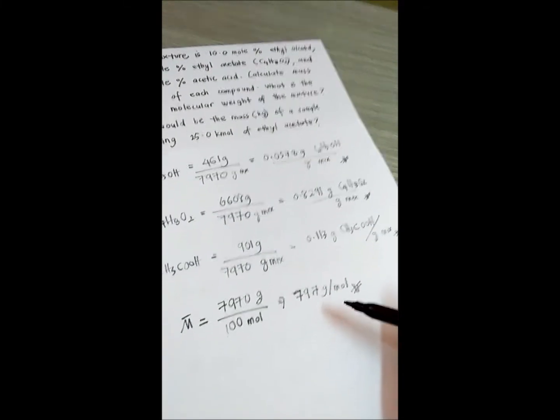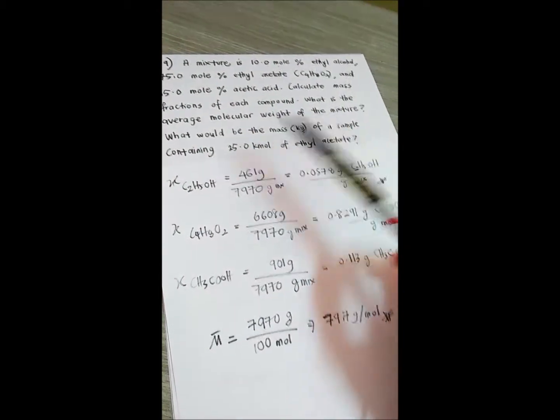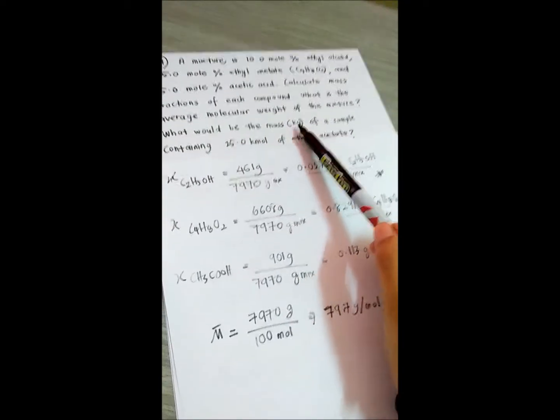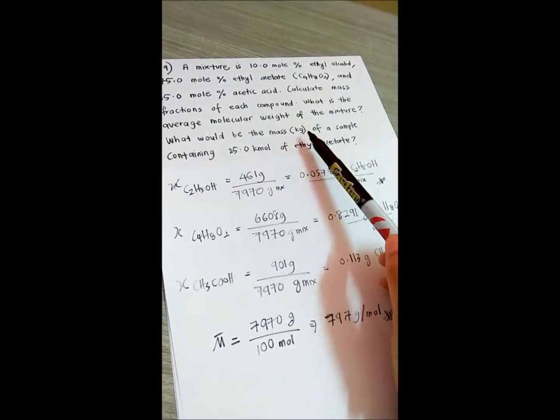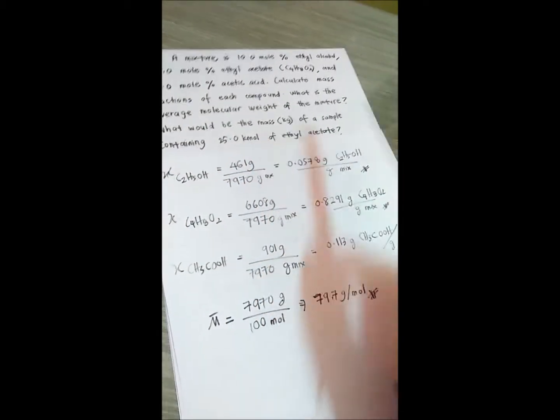You can use this to calculate the last part, which is the mass in kilogram of a sample which contains 25 kilomole of ethyl acetate. So let's say the mixture consists of 25 kilomole of ethyl acetate.